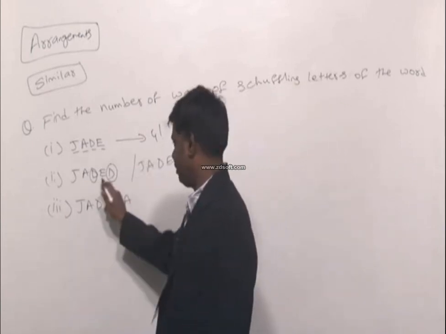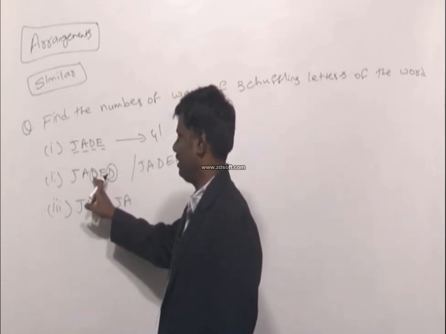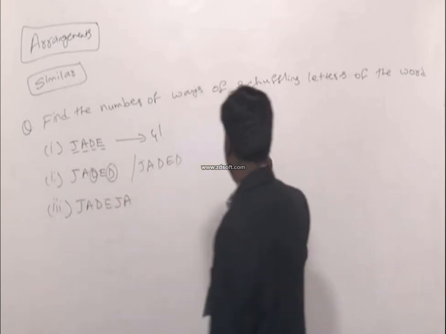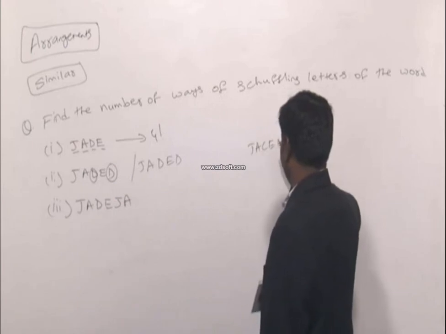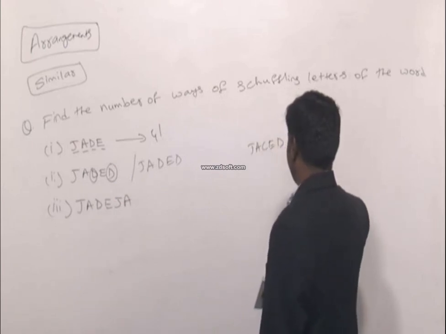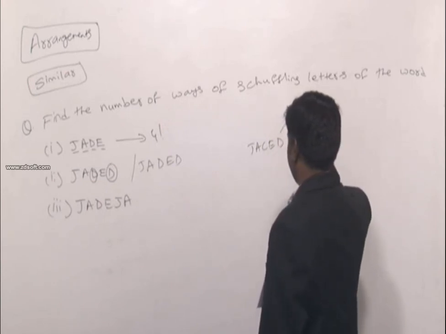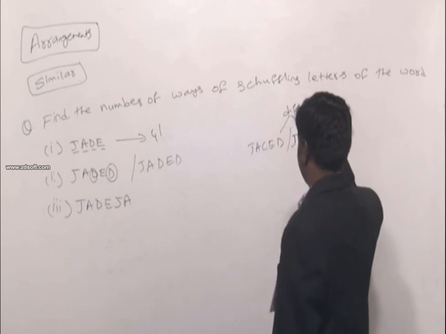Or in other words, had this been, let us say, JACED, if you interchange this C with this D, you get JADEC, right? You can differentiate these two words.